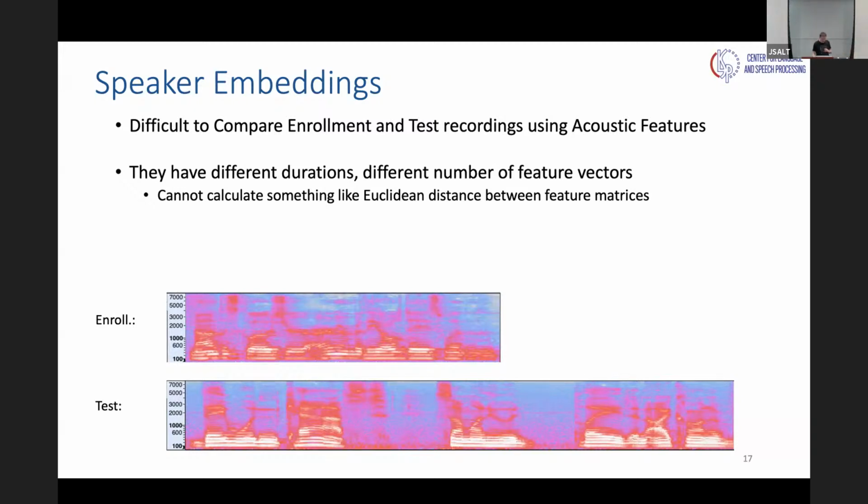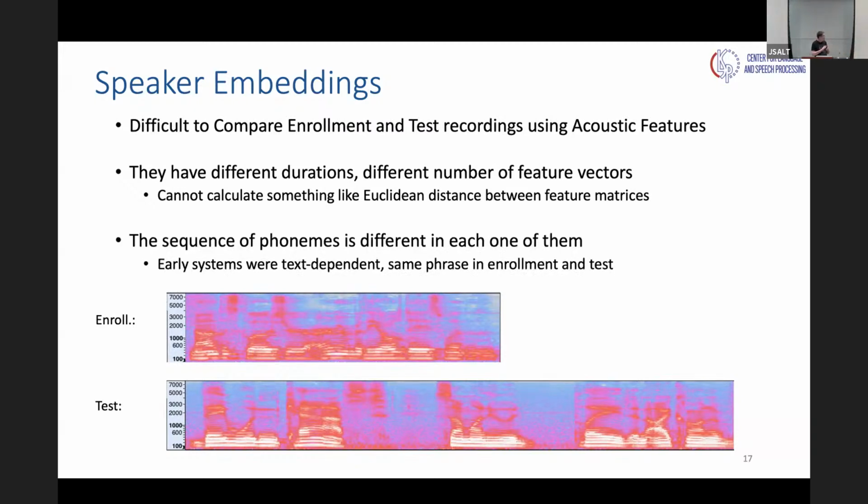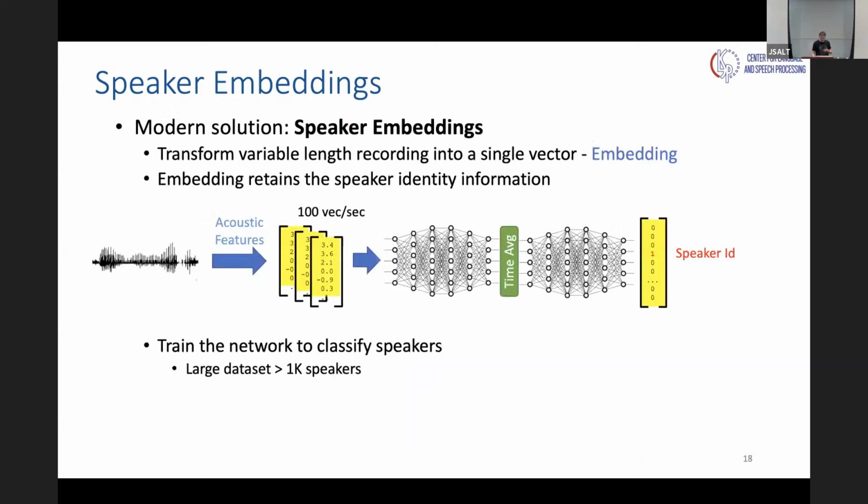So what we do is have some kind of method to transform this sequence of features into just a single vector per utterance.